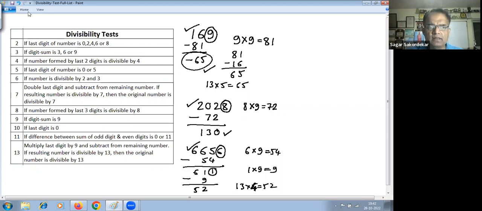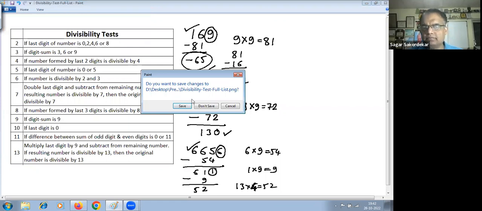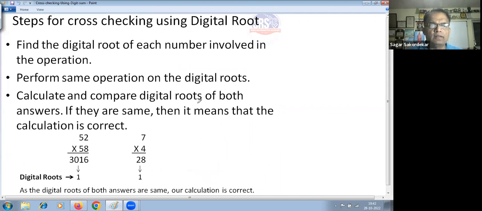And then the third part within our second topic is cross-checking. Okay, try more examples yourself. You have to try a number of examples. Okay, next we are going to study how to cross-check using digit sum.